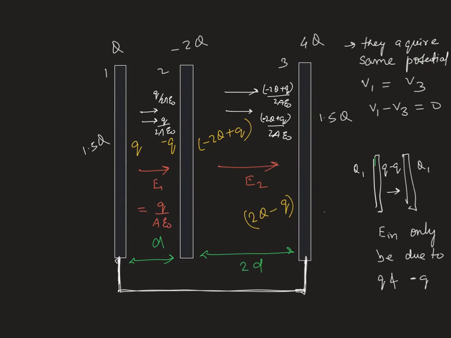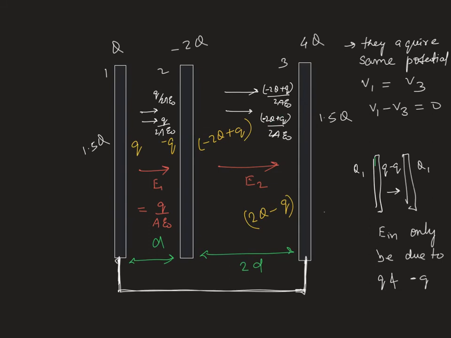Okay, some of you might get confused here. I am assuming this charge to be positive, so the field due to the charge will be away from the charge. And if this charge is positive, this other charge is definitely going to be negative, and the field due to a negative charge is always towards the charge, towards the plate.